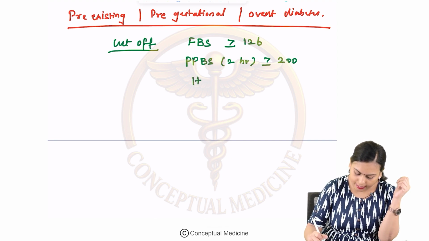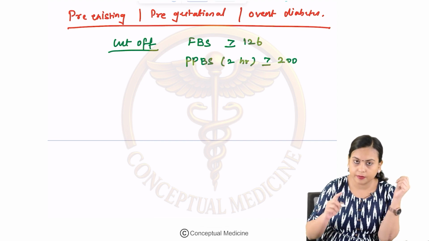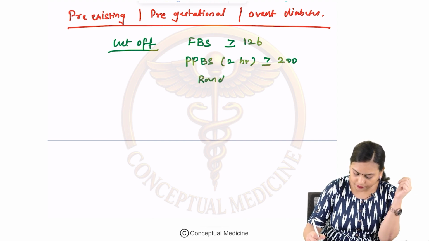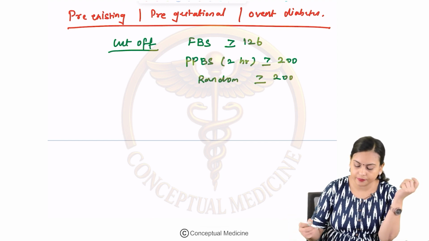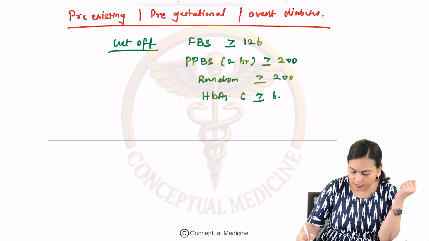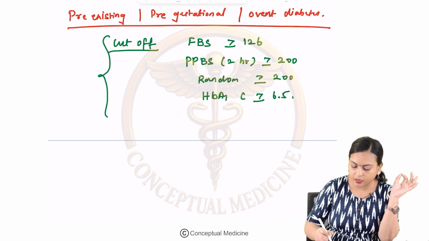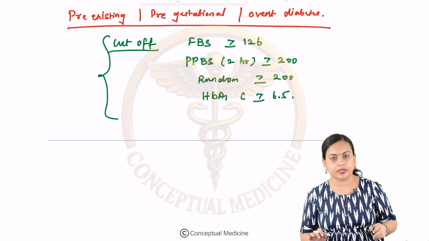And the random blood sugar can also be above 200 mg per deciliter, and the HbA1c is more than 6.5. So, if these criteria are present, then it is going to be diagnosed as a diabetes mellitus condition.